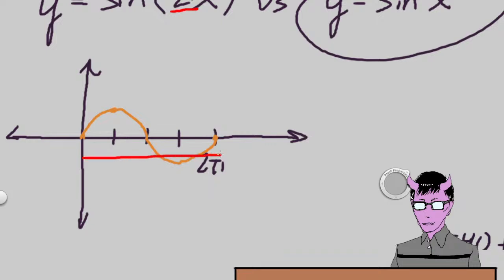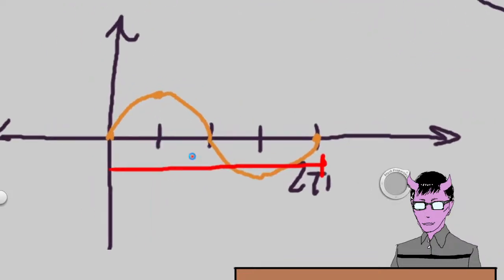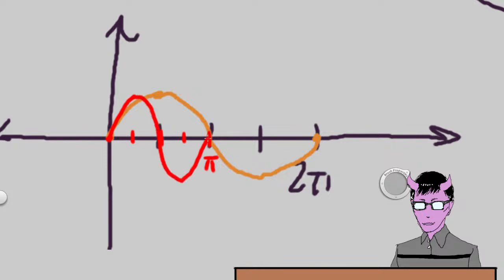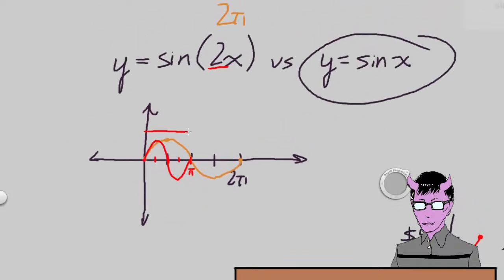So rather than putting the 4 hash marks out to 2 pi, you can conceptualize it as focusing 4 hash marks up to pi, because that's going to be our new reset value. So 1, 2, 3, and 4, and that should be enough to capture our full period. Starting from 0, 0, hit maximum, hit 0, hit minimum, reset value. So the period is only going to be pi because, again, we're twice as fast, instead of the standard 2 pi.